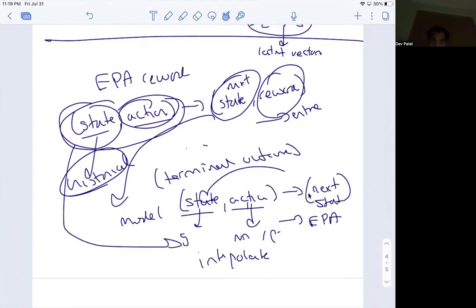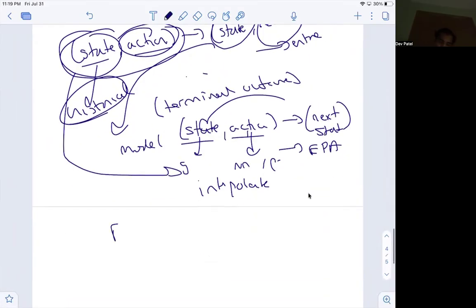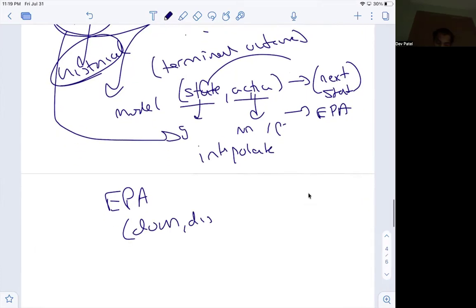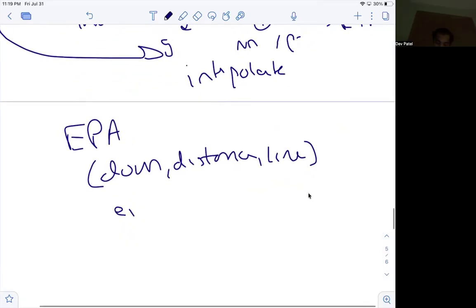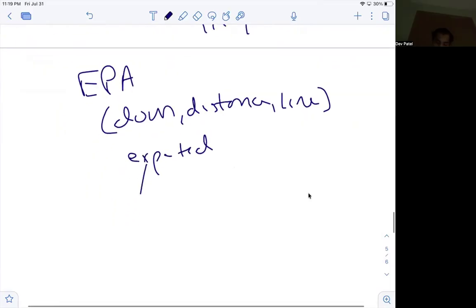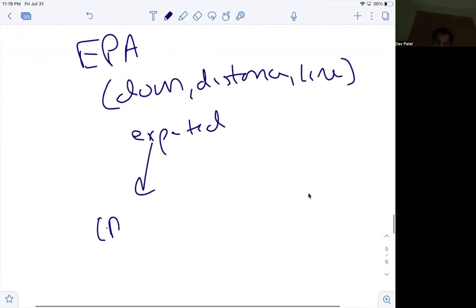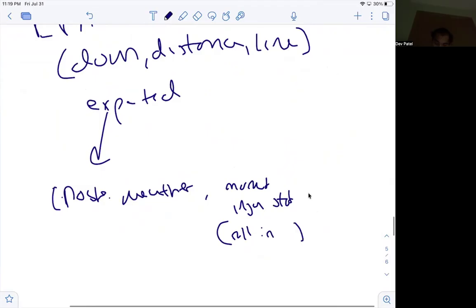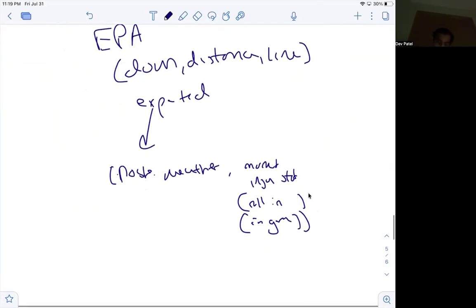And what does typical EPA use? It uses down, distance, and yard line, the line of scrimmage. They say, what is the expected points added from this play? Now, what this fails to account for is roster talent, weather variables, momentum, injury status, rolling in-season performance, or even in-game performance, depending on how certain players are doing in the game.